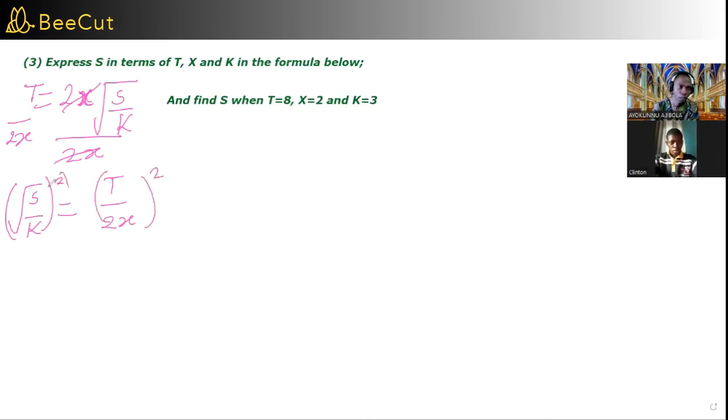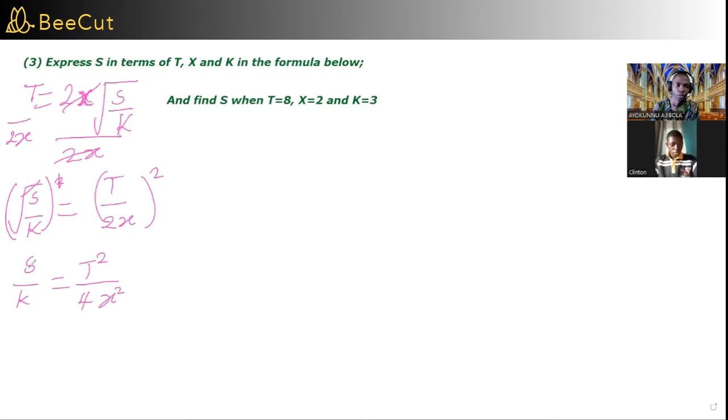The power of 2 cancels the root, and I have this one all squared. So what I have here is s over k equal to t squared. Then what is 2 squared? That's 4. Then x also has a square, so that's 4x squared.